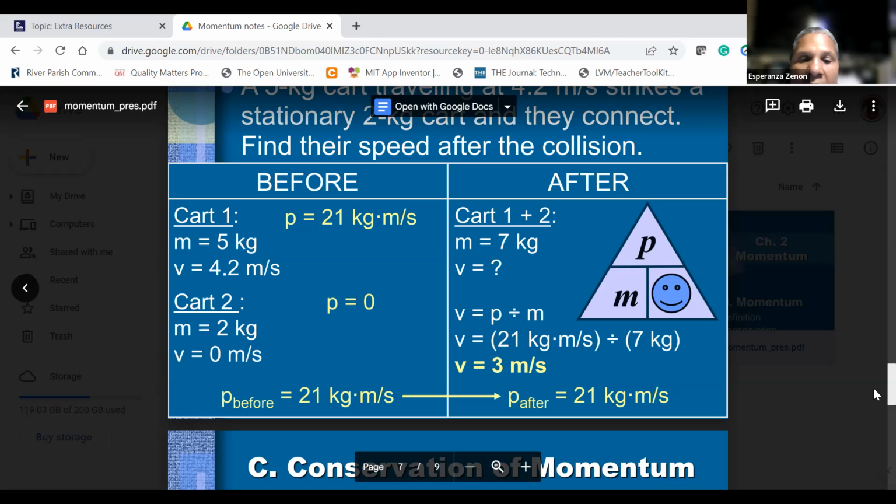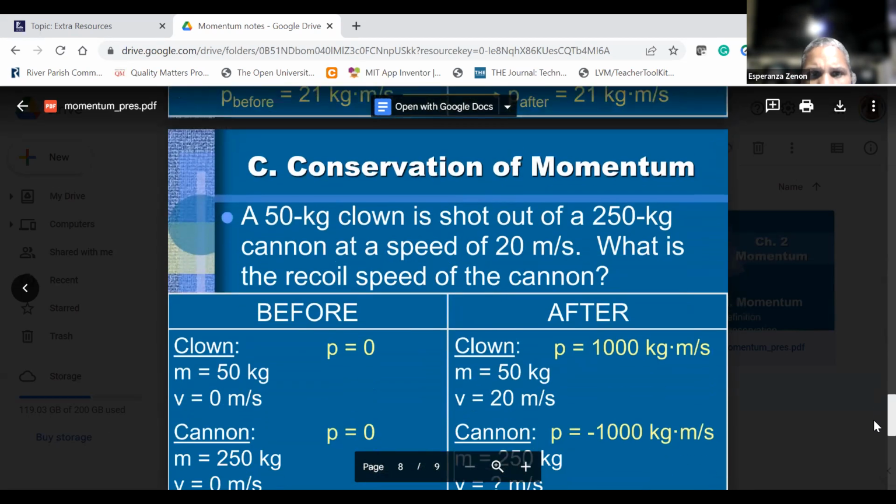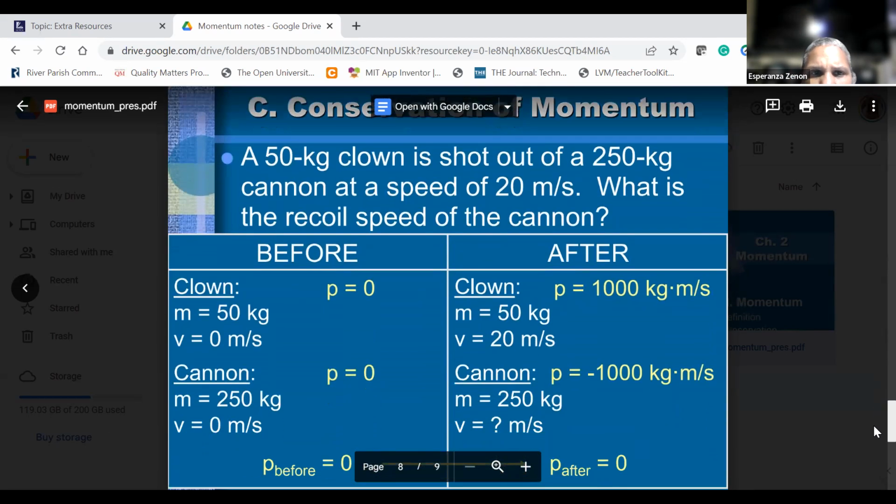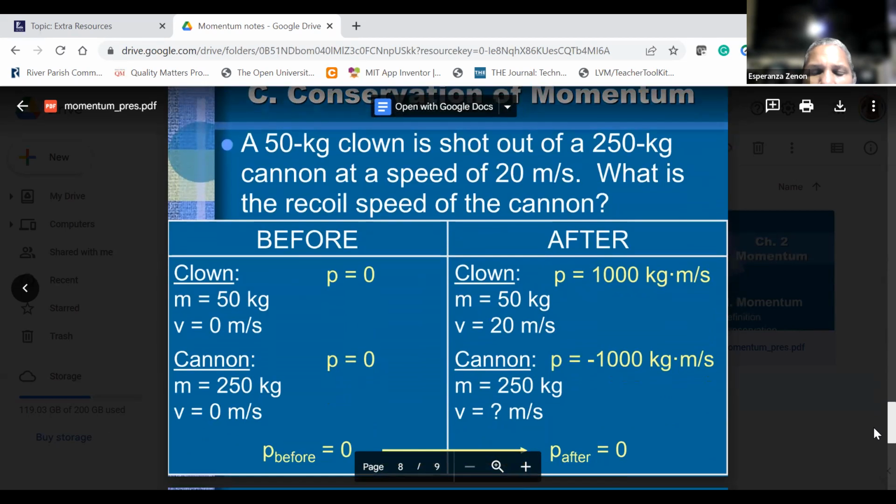Okay, so see how we use the conservation of momentum to help us find the velocity afterwards. Speed, but speed plus direction, right? We know that these carts are moving together in the same direction. So it's not like we're ignoring that there is a direction involved, okay? Let's take a look at a second example. And this one is a little bit more involved, a little bit more of a thinking question.